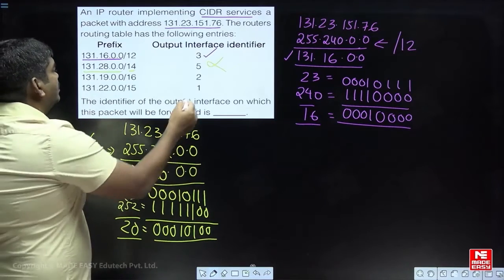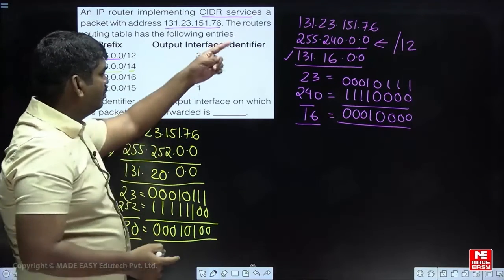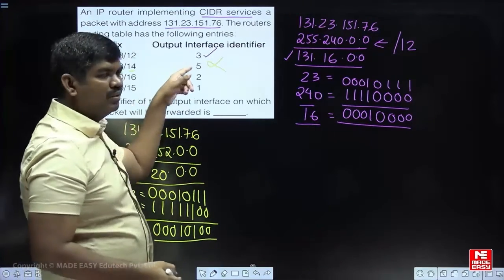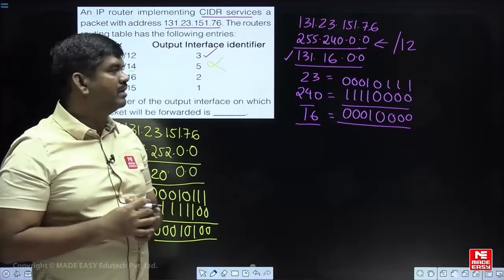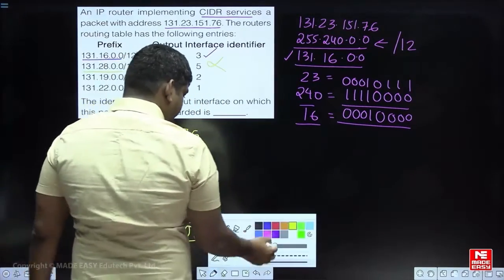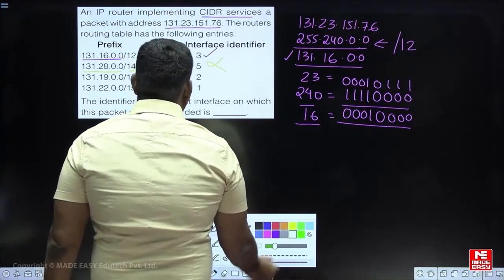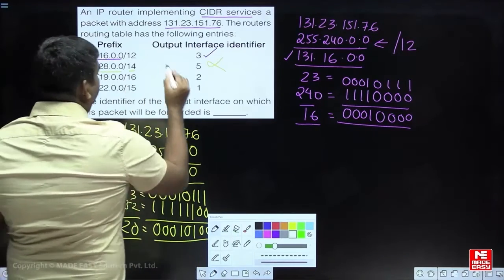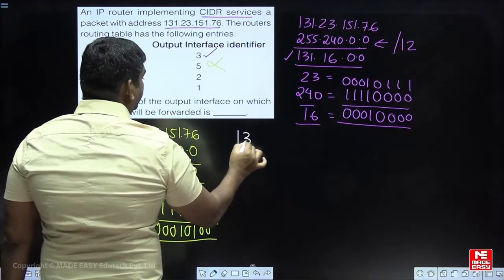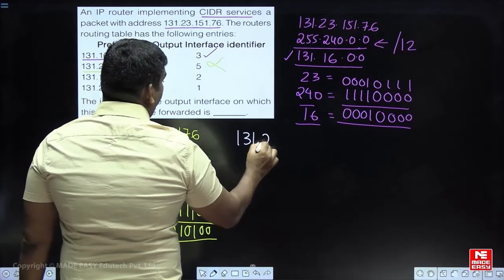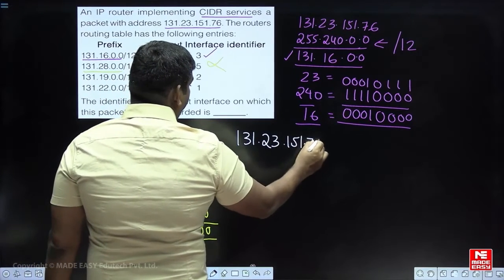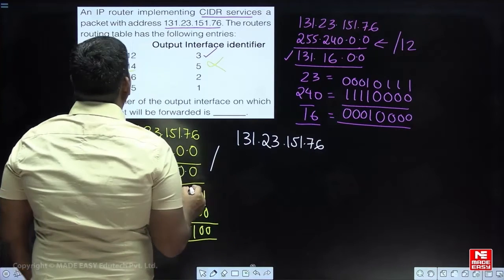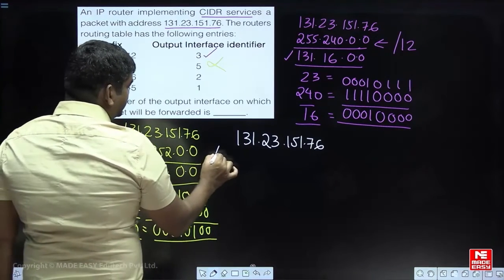Same like that, if you take the third interface, who will do these calculations? The router. When the packet comes to the router, it will perform bitwise AND with every interface. Now for this third interface, the destination IP is given as 131.23.151.76. What is the mask value? You can see it is /16.